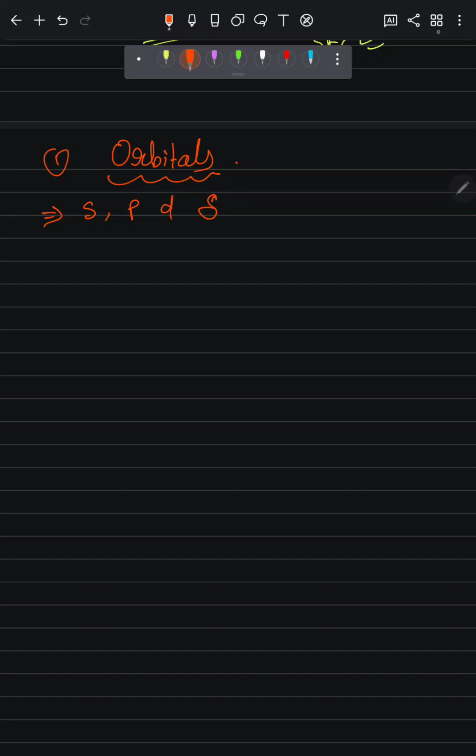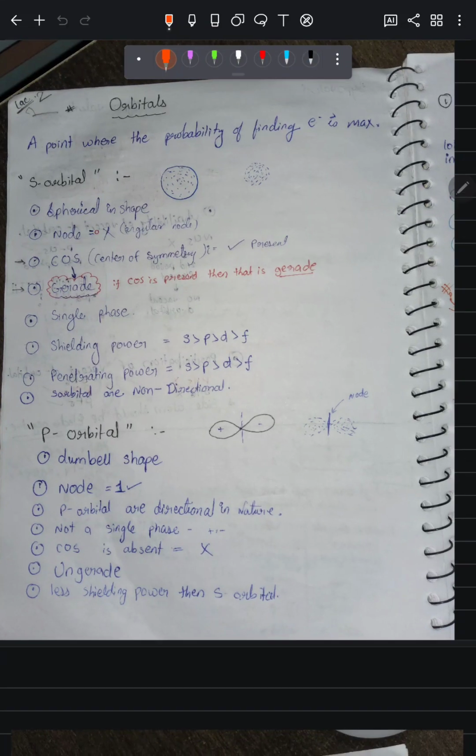These are the orbitals that we see in chemistry. There are some points which can be studied individually about these orbitals. Let's discuss that. These are some special points which are important for the s orbital. Let's discuss the first orbital, which is s.